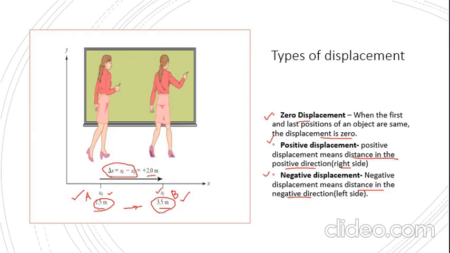Then what is the difference between these two? 1.5 minus 3.5. Now the difference is minus 2 meters. So this is called negative displacement.